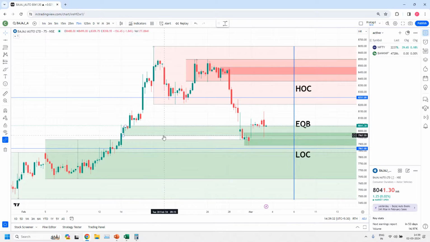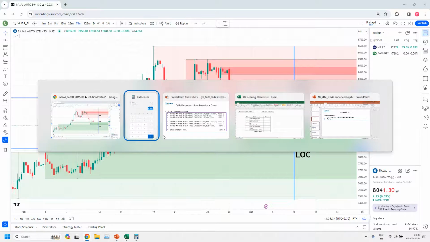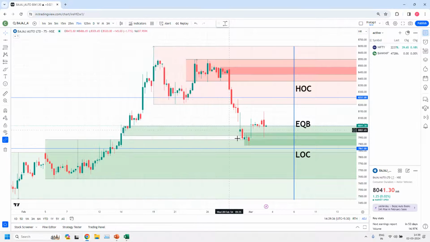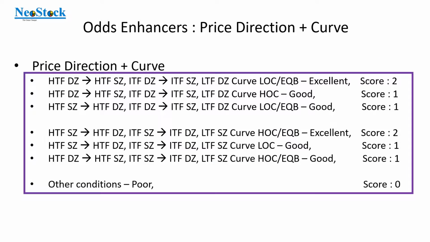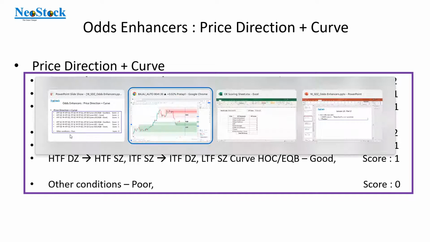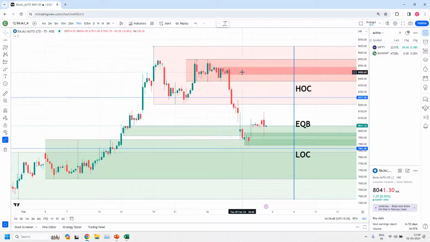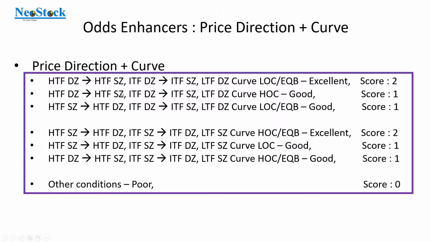So what is the score now? See, by the time price reaches the supply zone, the price direction on HTF is supply zone to the demand zone.